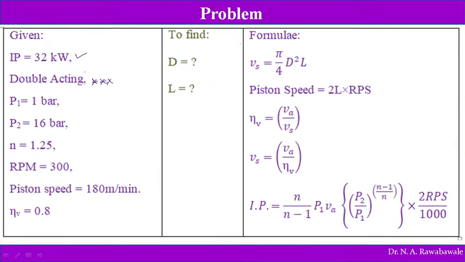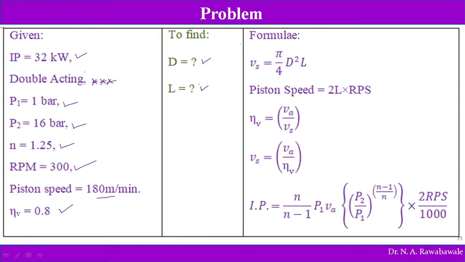Then inlet pressure is P1, delivery pressure is 16 bar, and the index of compression or expansion n is equal to 1.25. Number of cycles per minute is 300, piston speed is 180 meters per minute, and volumetric efficiency is 0.8. We are asked to find the diameter and stroke length.